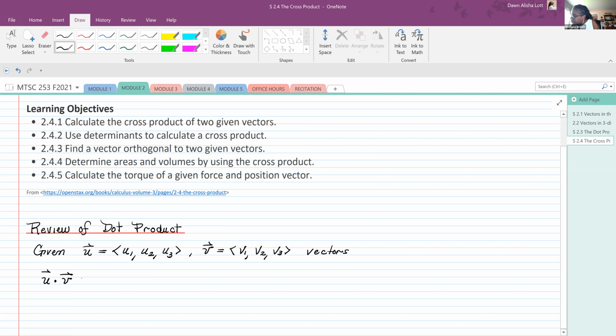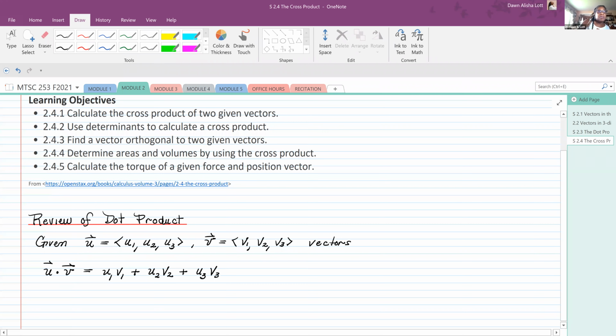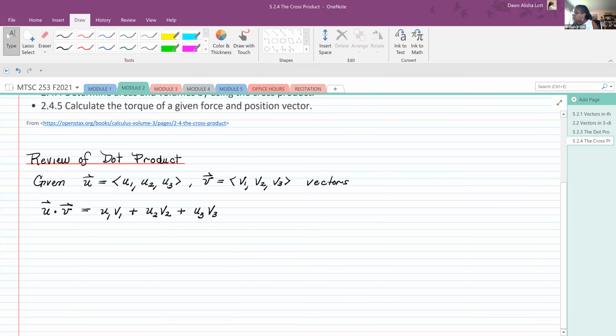The dot product says take u1 multiplied by v1, take u2 multiplied by v2, and take u3 and multiply by v3.